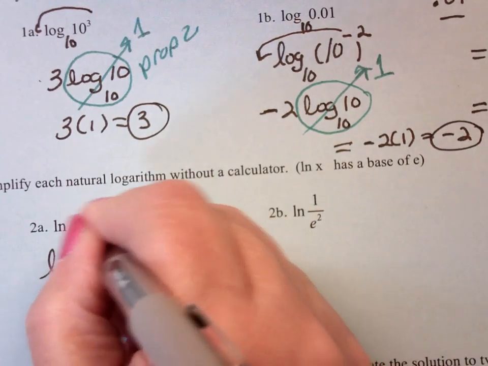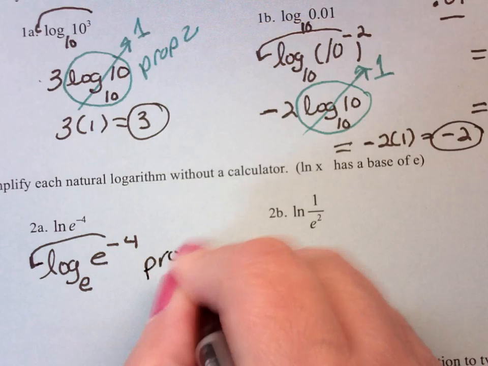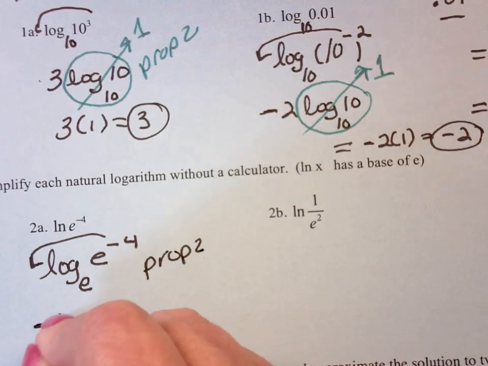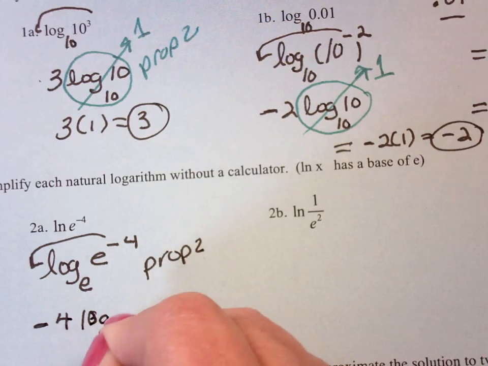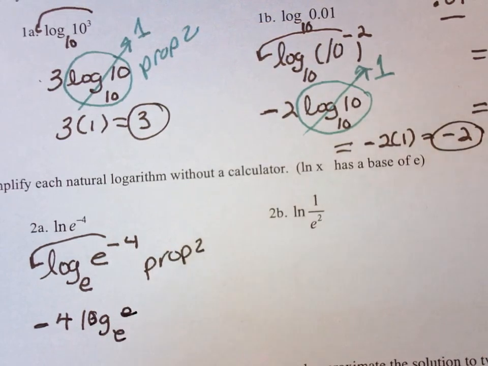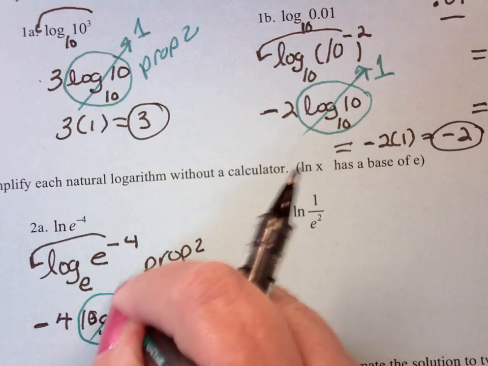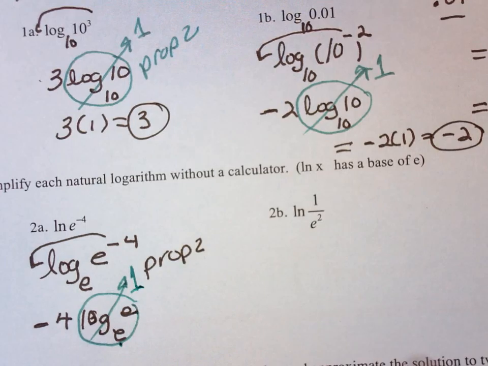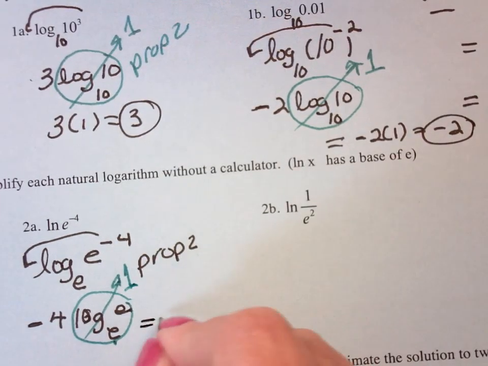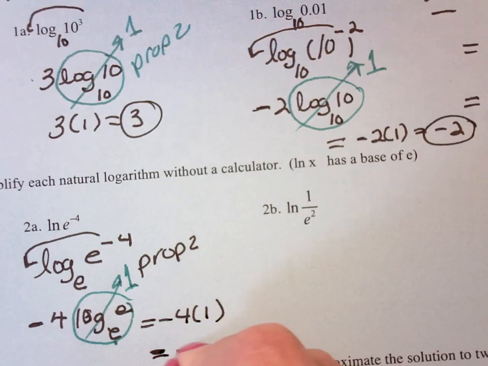Property of exponents says bring the -4 down. That's property 2. So this is -4 log base e of e. What's log base e of e? 1. Because the argument and the base are the same, it's 1. So this becomes -4 times 1, or -4.